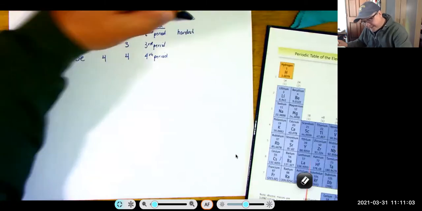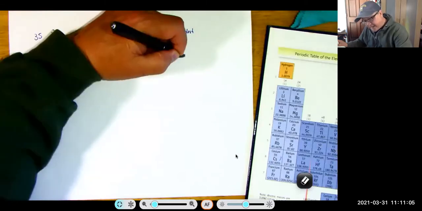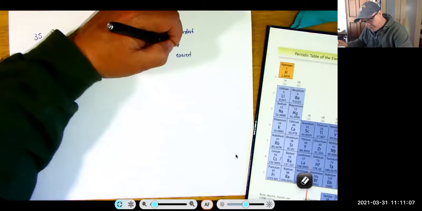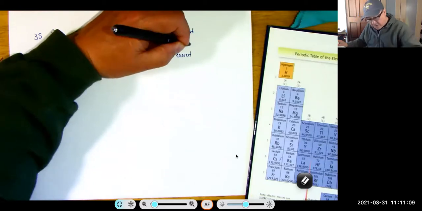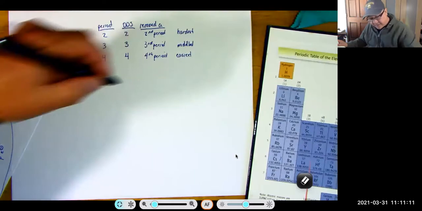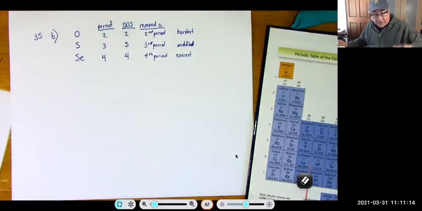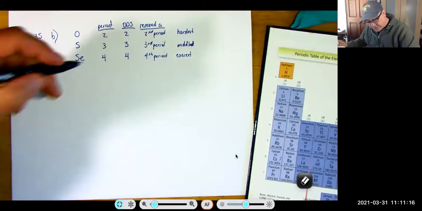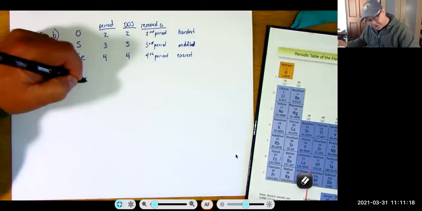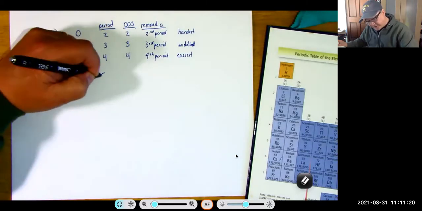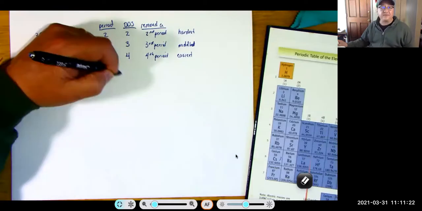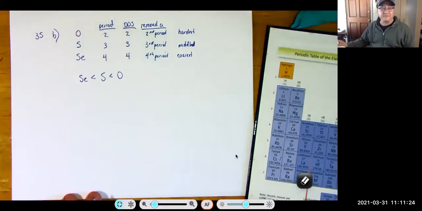Selenium is the easiest, and that means sulfur's the midlist. So if we put these in order, we're going to write from increasing lower to higher. We're going to go selenium is easier than sulfur, is easier than oxygen. Okay.